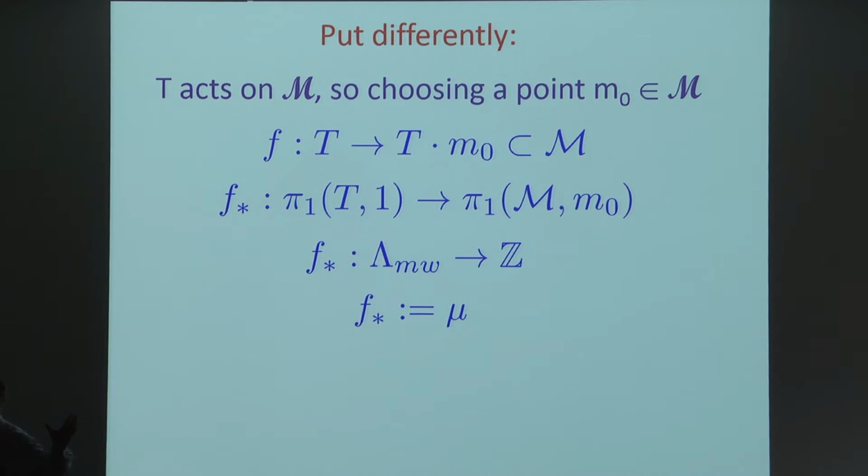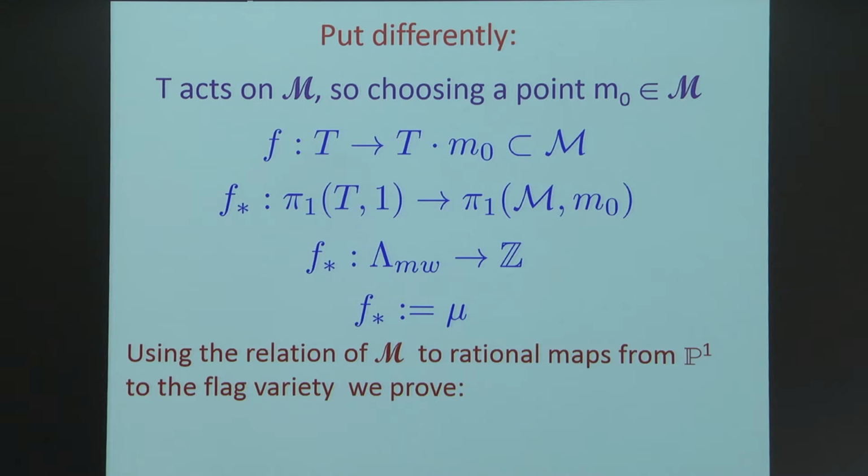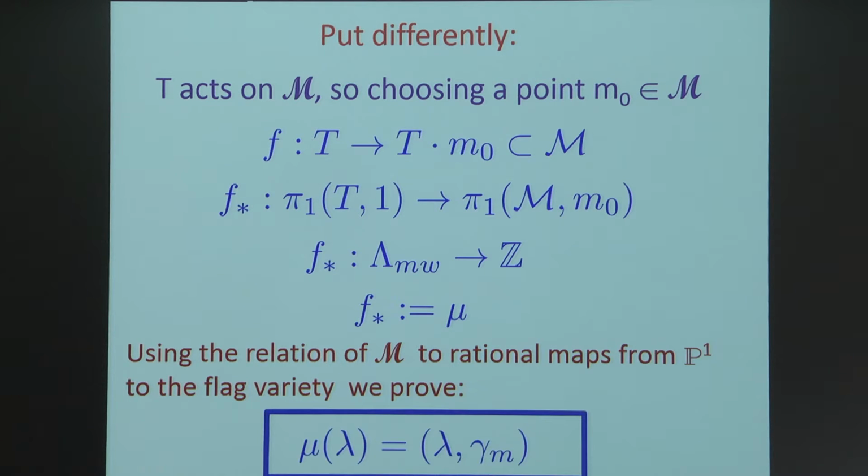Well, it's fine to give it a name, but what is this mu? That had us stuck for a long time. But using the relation of the moduli space of monopoles to the space of rational maps from CP1 into something called the flag variety, we prove that mu of lambda has a very simple formula. It's just the inner product of the magnetic charge with lambda in the Killing metric in the normalization where the length squared of the long root is 2.